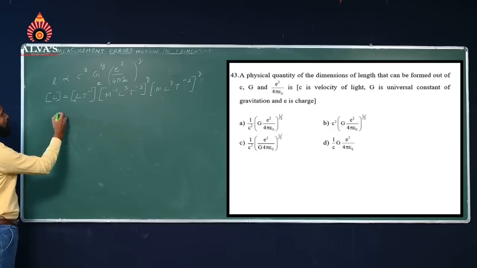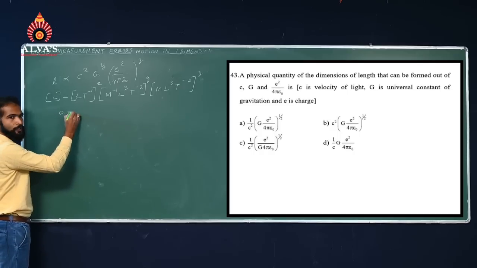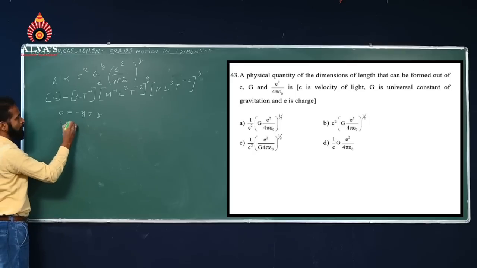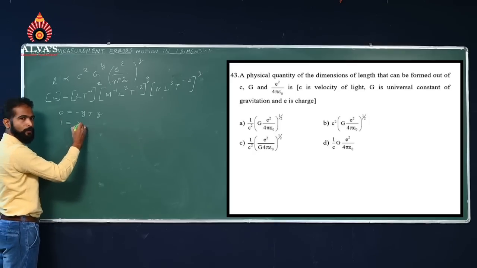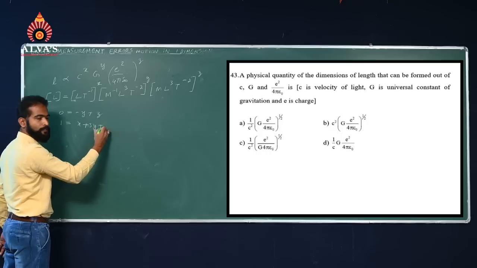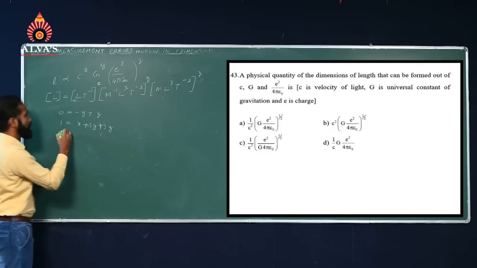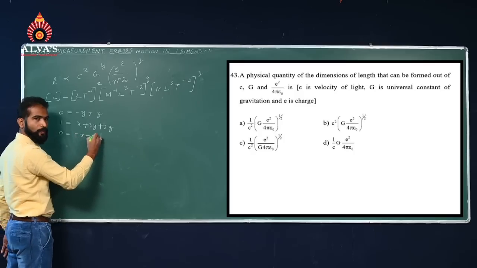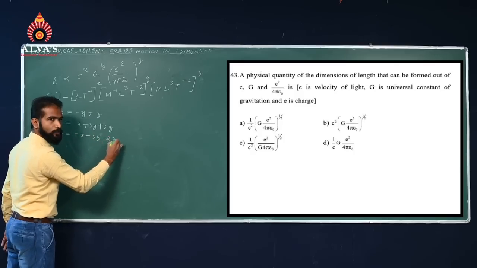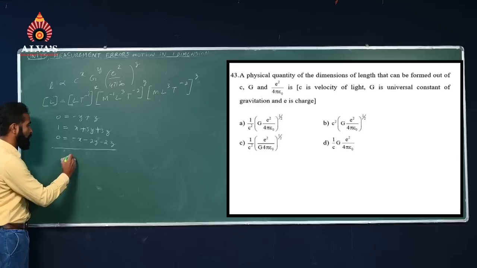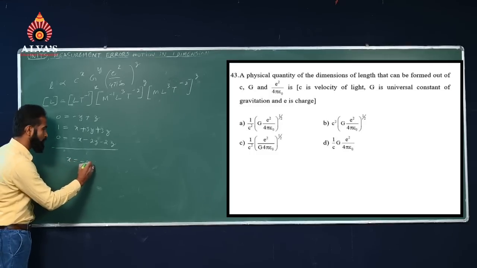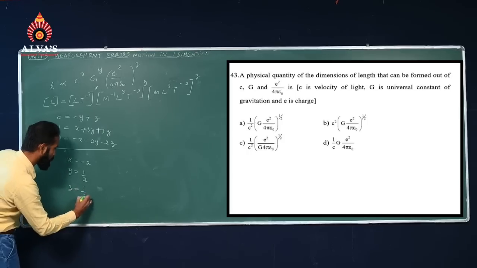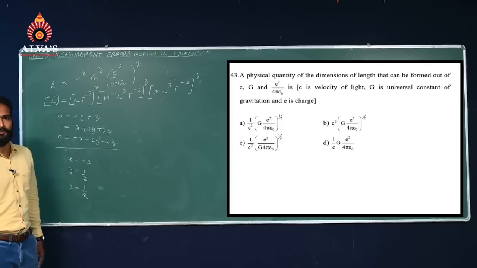Now compare the powers on all the sides. We get 0 is equal to minus y plus z. Then powers of length will be 1 is equal to x plus 3y plus 3z, and dimension of time is 0 on the left hand side, on the right hand side it becomes minus x minus 2y minus 2z. If you solve this, we end up with x is equal to minus 1, y is equal to half, and z is also equal to half. That gives you the first option as the right choice.